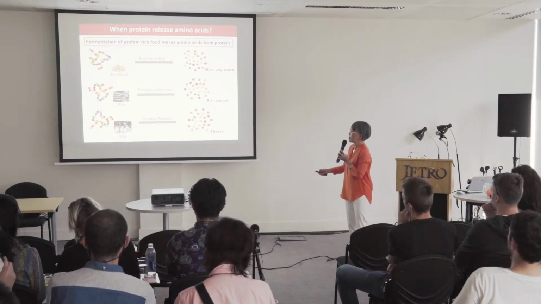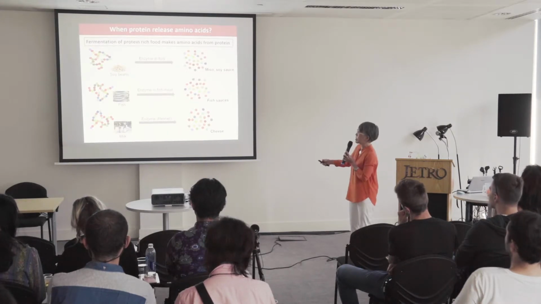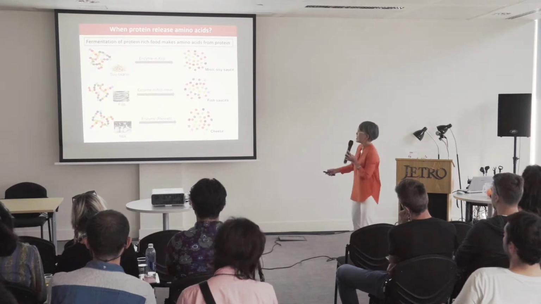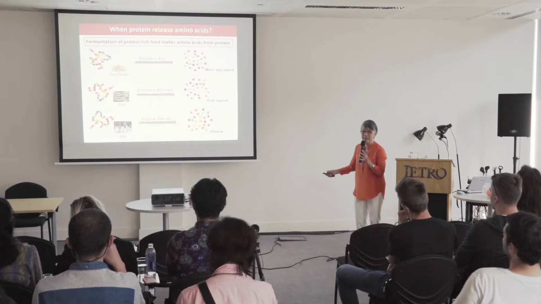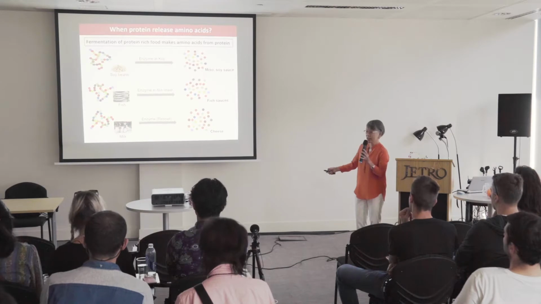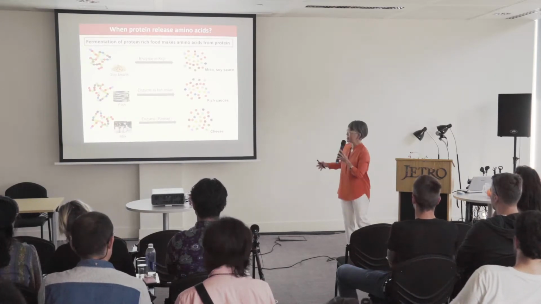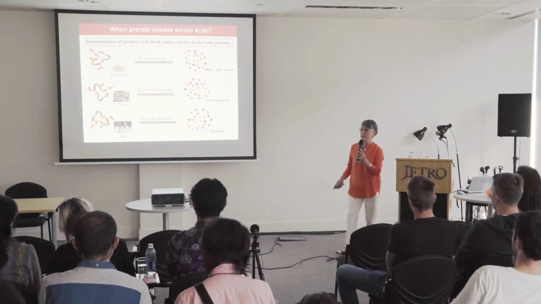Enzymes in fish meat decompose fish protein into free amino acids, and we can get fish sauce. And an enzyme called rennet is added to milk protein to make cheese, and cheese is also very rich in free amino acids.